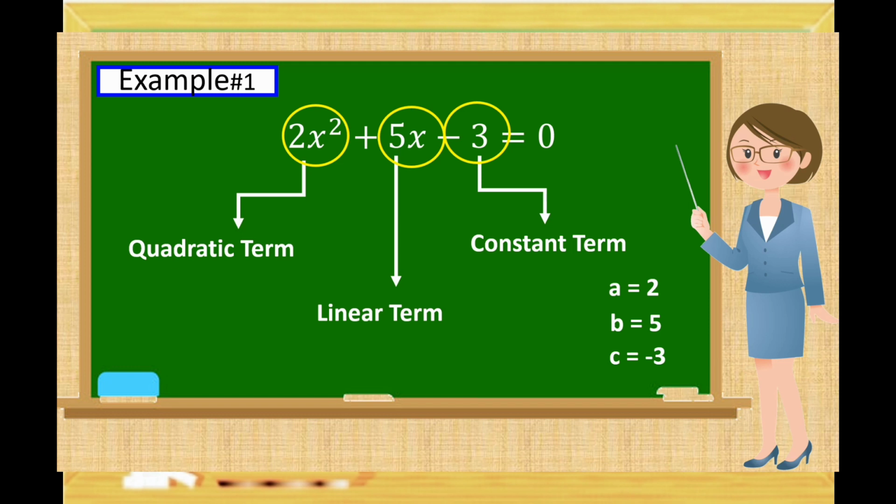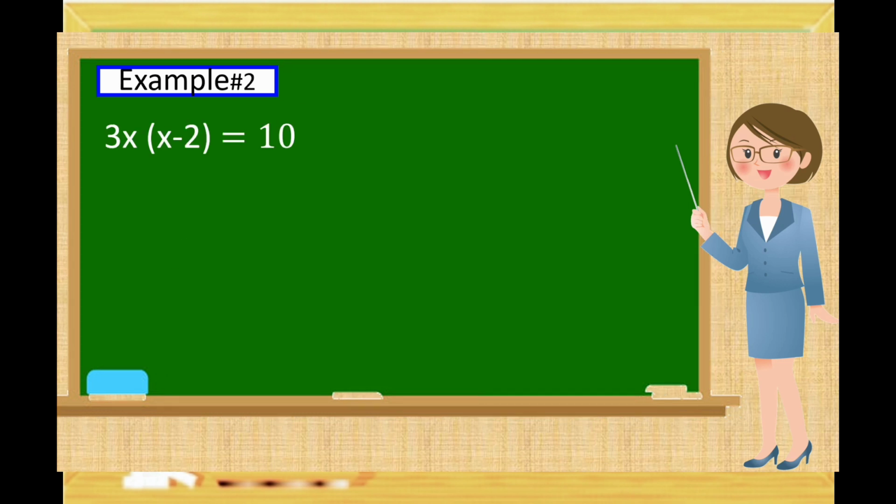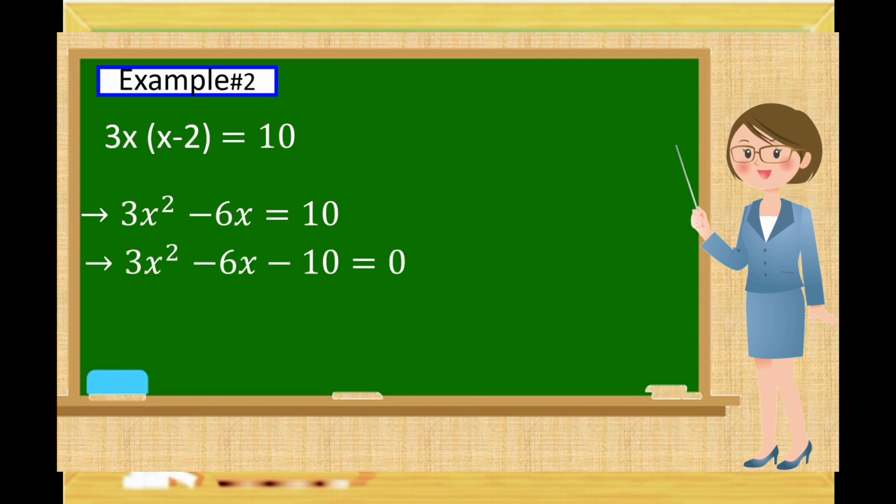Next example. 3x times the quantity x minus 2 equals 10 is a quadratic equation. However, it is not written in standard form. Hindi pa ito nakasulat sa standard form. To write the equation in standard form, expand the product and make one side of the equation 0, as shown below. 3x squared minus 6x equals 10. 3x squared minus 6x minus 10 equals 0.